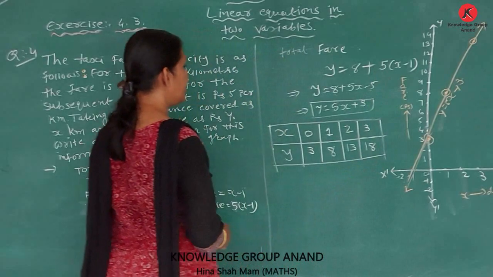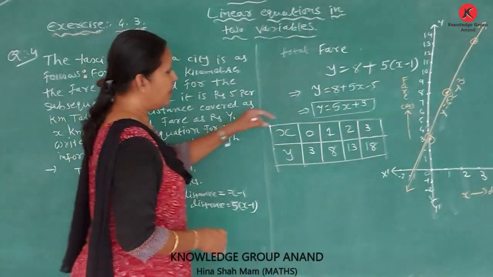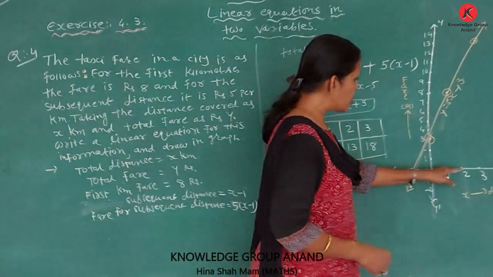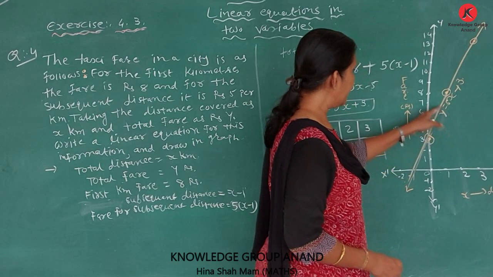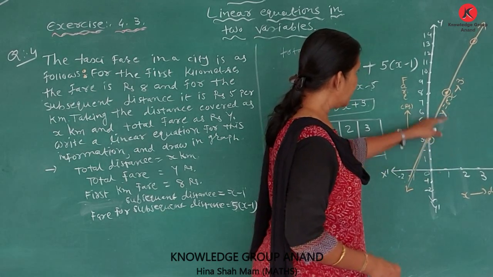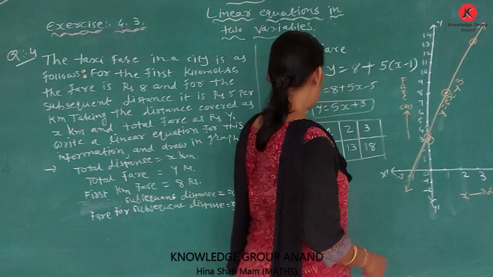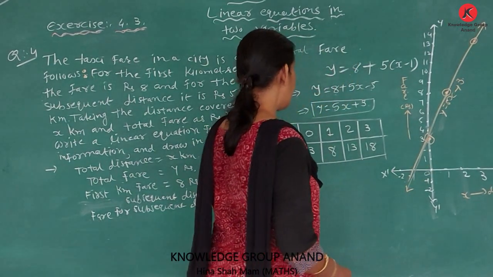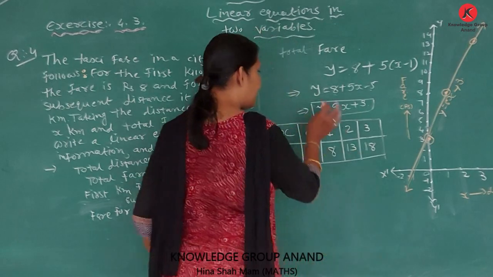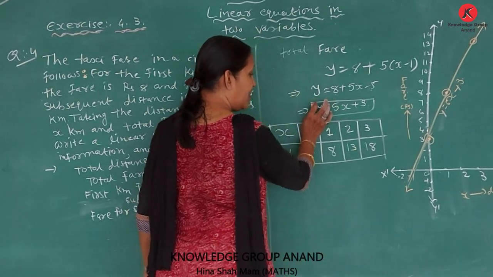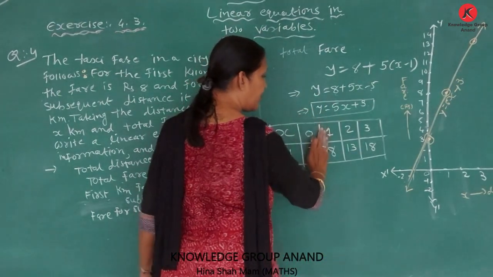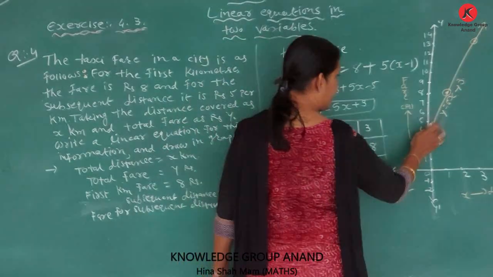Fare in rupees. Okay. Here, suppose the distance is 2 kilometers, then the fare is equal to 13 rupees. If the distance is 0 kilometers, then 3 rupees is not given, so it is not valid. For 1 kilometer it is given 8 rupees.